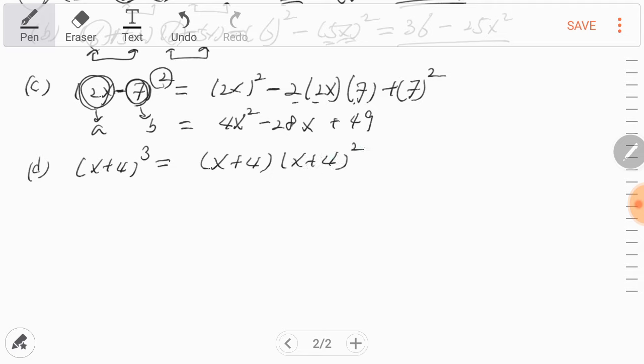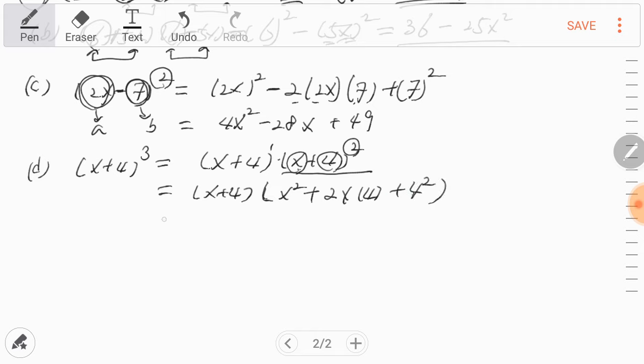So x plus 4 times x plus 4 squared, since 1 plus 2 is 3. Let's simplify x plus 4 squared using the formula: x squared plus 2 times x times 4 plus 4 squared, so x squared plus 8x plus 16.